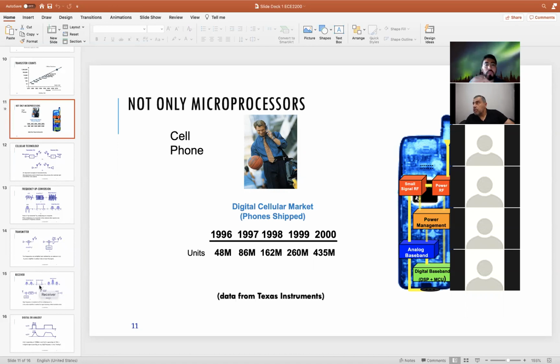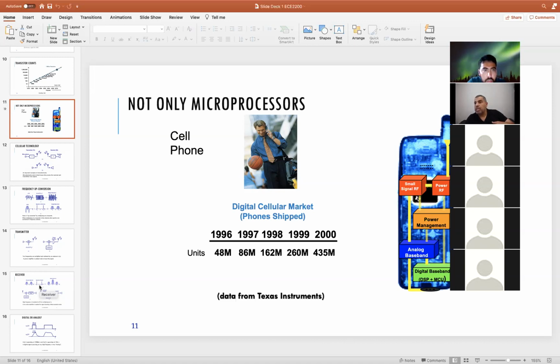So even when you don't think about a Tesla, which is really an all-electronic car, even when you think of a regular non-hybrid gas car, a significant amount of what's in the car in terms of the cost, the volume, the weight, etc., is actually microelectronics, even for a gas car.